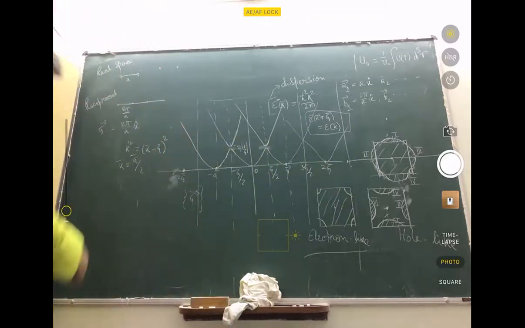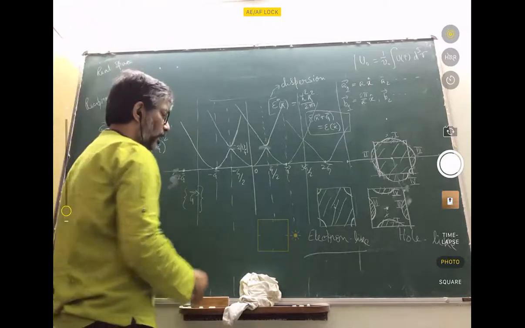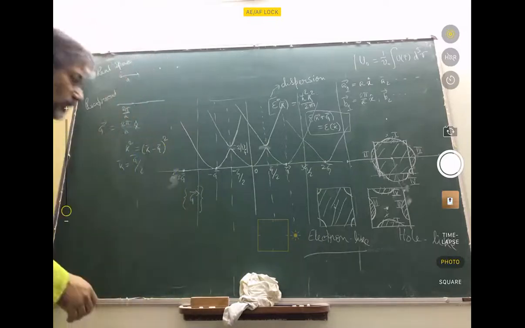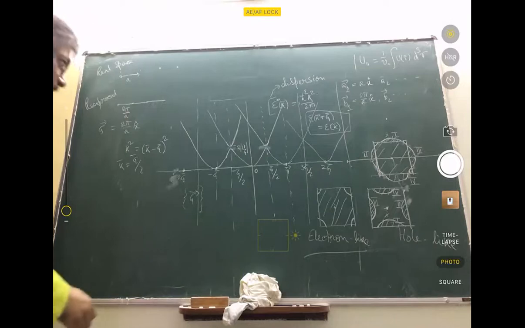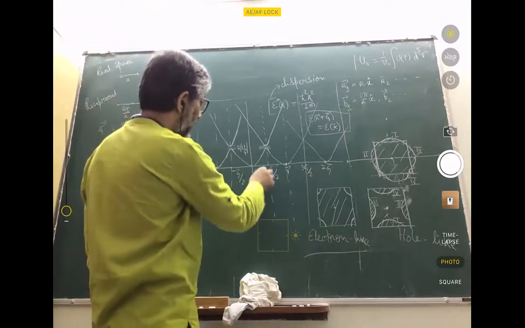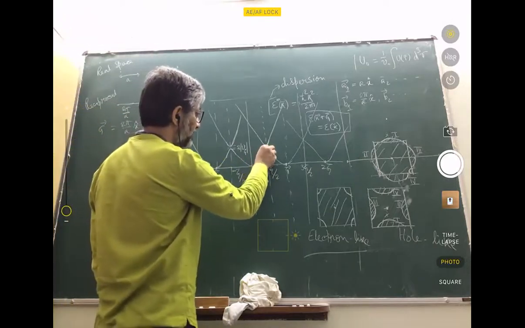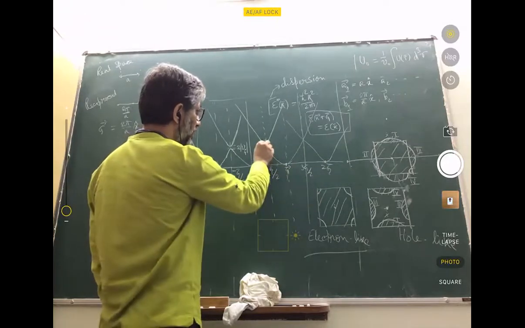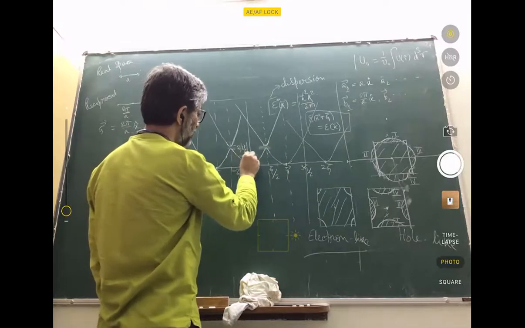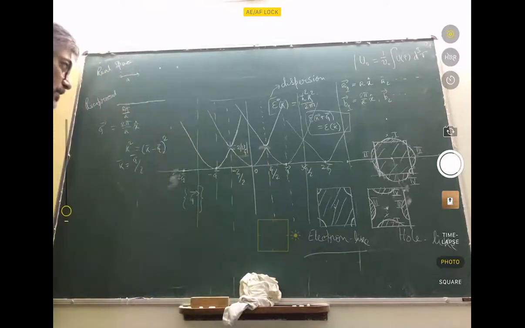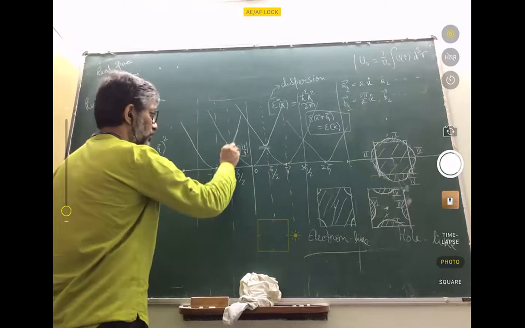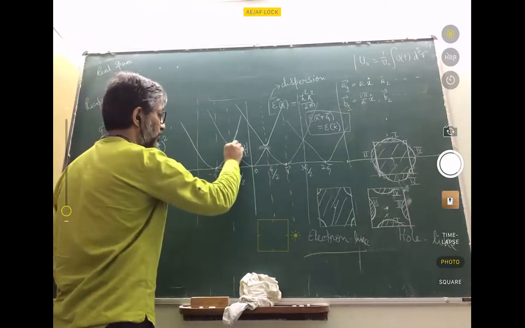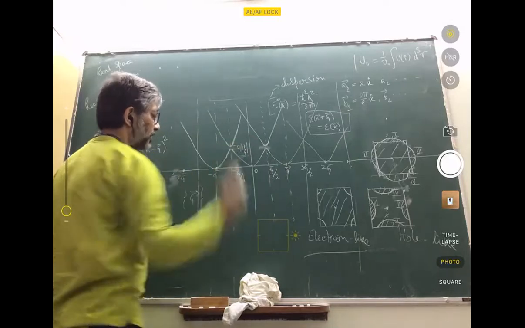That's what we discussed just before this. What we learned from that analysis is that at these Bragg planes, this degeneracy is lifted when U is non-zero but weak, by an amount which is twice U_G. So these energies would split and become like this.